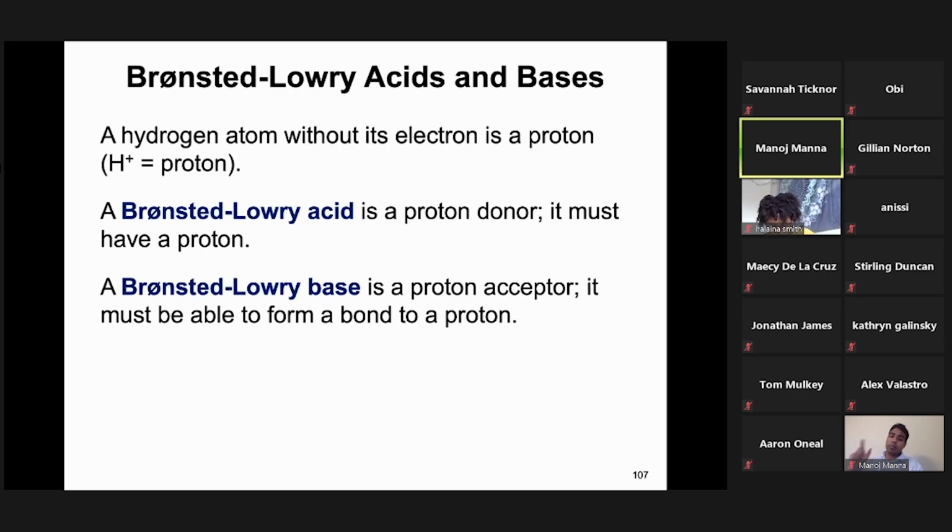Proton means H plus, right? And the Bronsted-Lowry base is the substance or molecule which can accept the proton. Make sure that we have a clear visualization of acid and base in terms of Bronsted-Lowry theory: proton donor and proton acceptor. So proton means H plus, no electron.